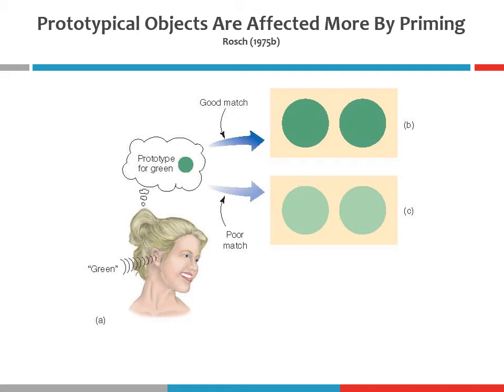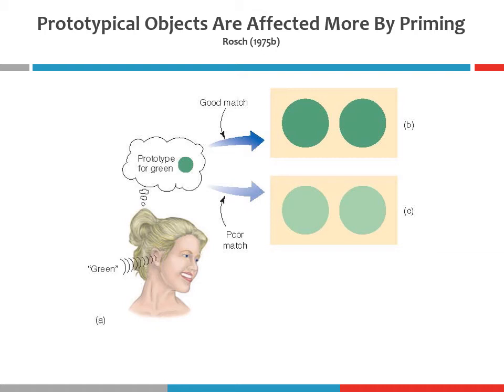Basically the question is, how many milliseconds does it take for participants in either of these conditions to say, yes, that is the same color, or no, it is a different color? We're going to look at the 2 same conditions here, the case where we have a more prototypical shade of green at the top and a less prototypical shade of green on the bottom.